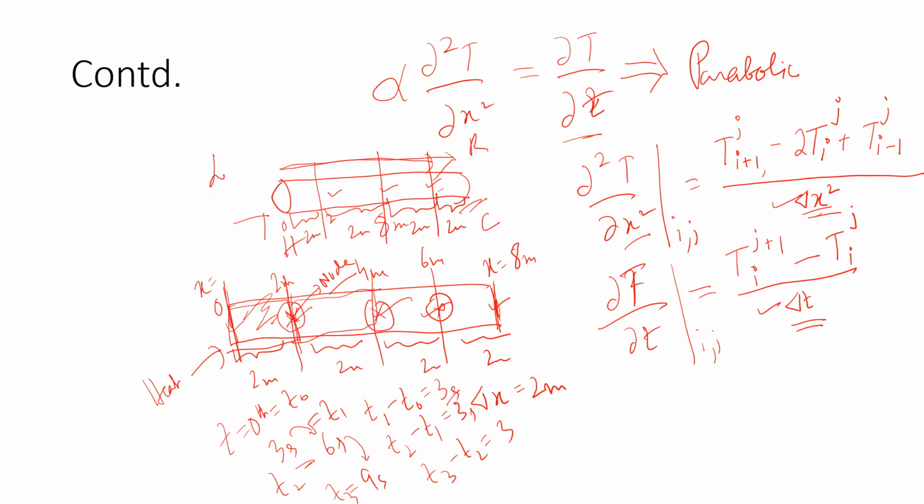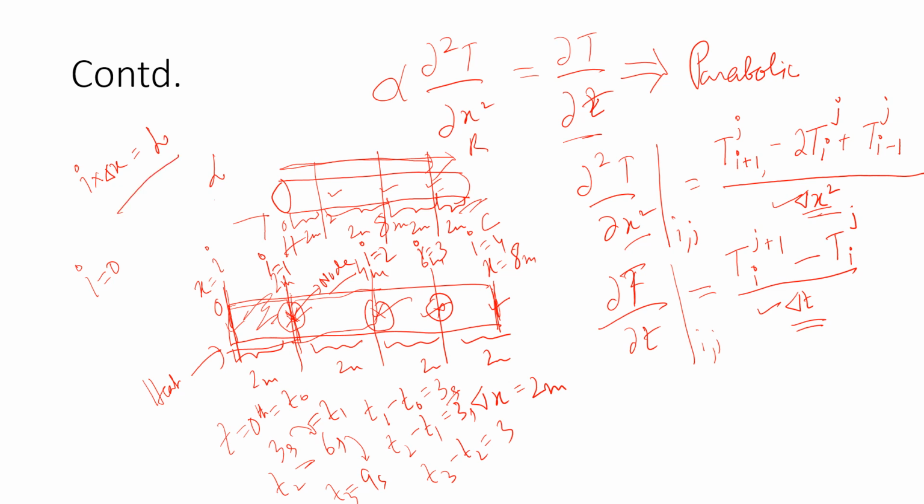So here, if I take x as i, and if this is i equal to 0, this is i equal to 1, this is i equal to 2, this is i equal to 3, this is i equal to 4, then what happens is, if I multiply i with del x, we get the entire length of the rod.